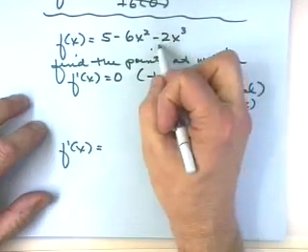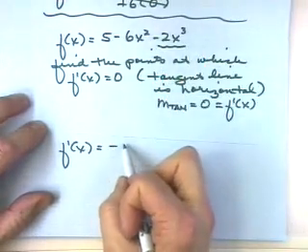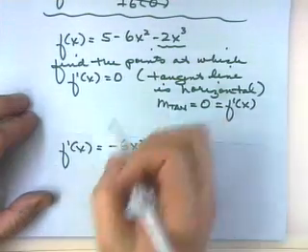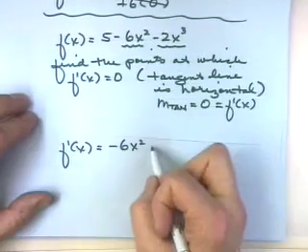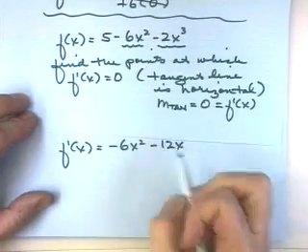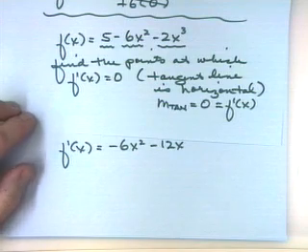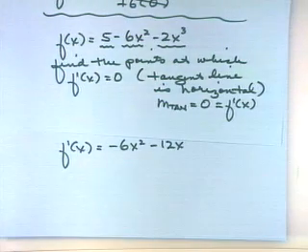Okay, so we're going to write that one first. Negative 6x squared. Is everybody all right with that? And then the derivative of this is minus 12x, and the derivative of that is 0. Everybody okay with the derivative?